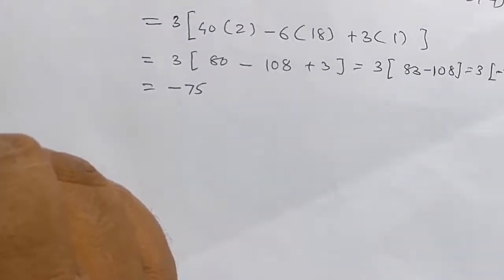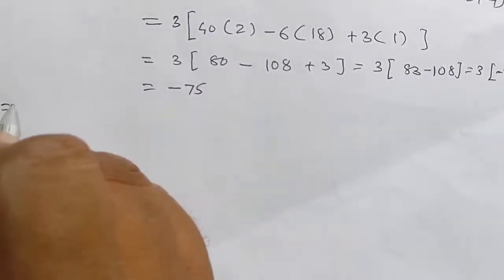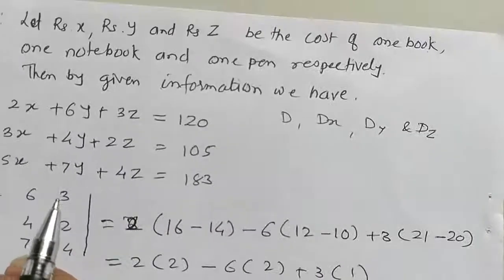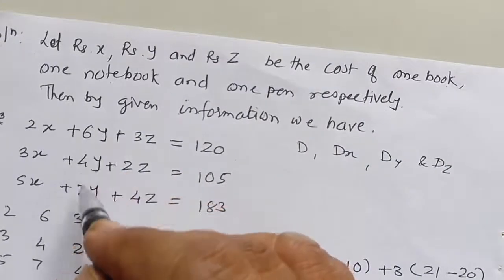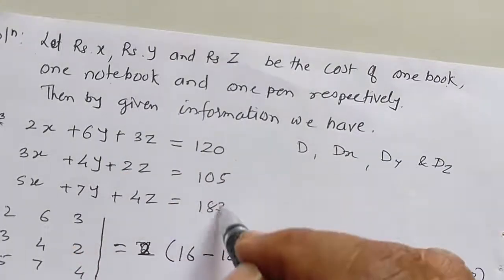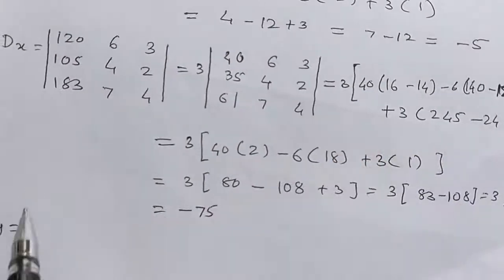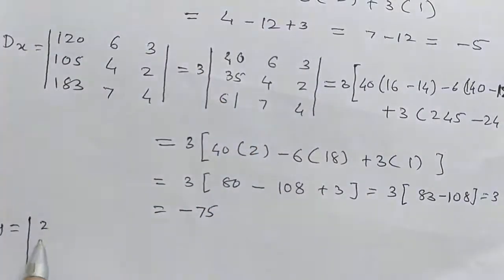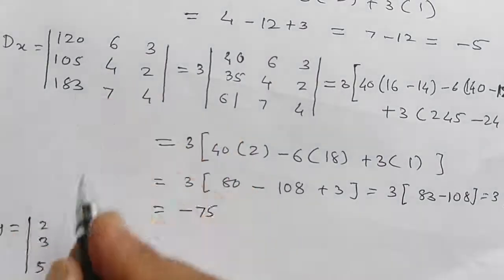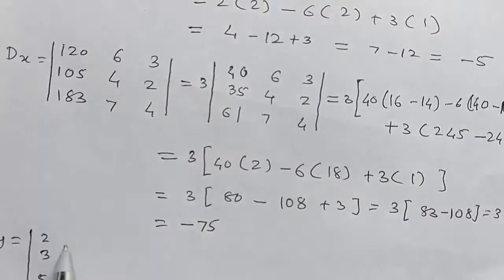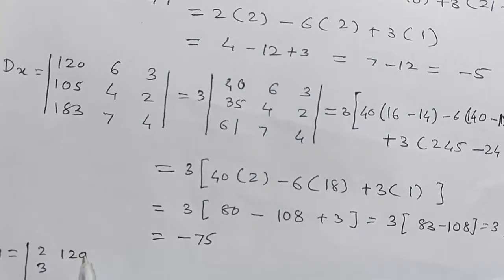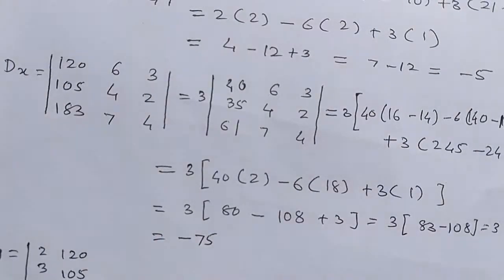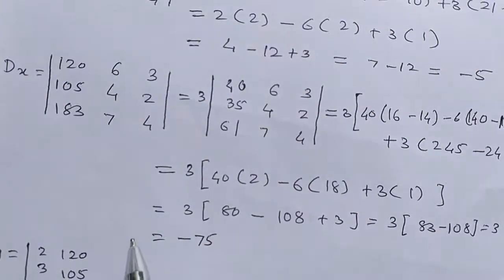Now we find dy. dy, the determinant obtained from the determinant d by replacing the coefficients of y with a constant term. So 2, 3, 5, first column is same, second column is replaced by the constant term 120, 105, 183.